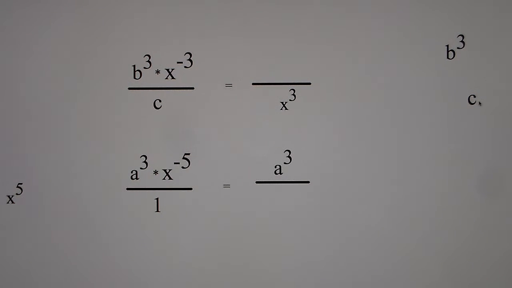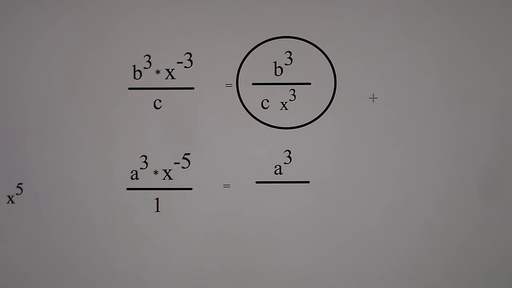C has a positive power, an imaginary 1, so we're going to keep c in the denominator. Now b to the third is a positive 3, so we keep b to the positive 3 up top. And that will be your final answer, what I have there encircled: b to the third divided by c times x to the third.